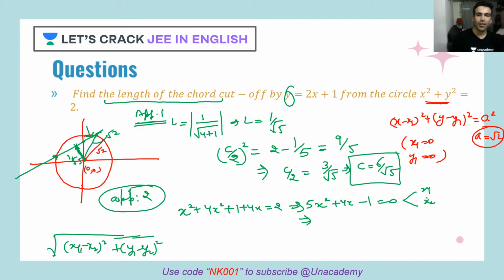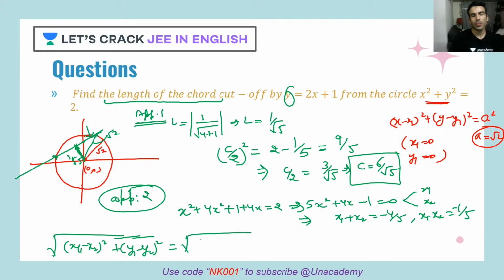When x1 and x2 are the two roots of this quadratic equation, I know two things: x1 plus x2 is minus b by a, which is minus 4 by 5, whereas x1 into x2 will be c by a, so minus 1 by 5, correct? If I can use this product and sum of roots to find x1 minus x2, I'll be saving a lot of steps. Let's do that.